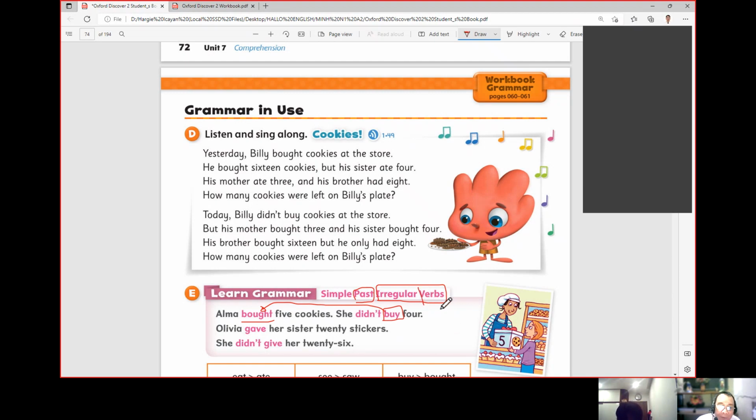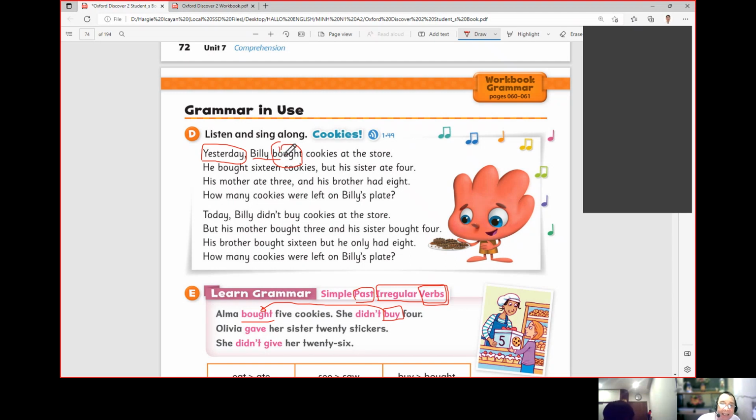Again, we're talking of verbs. So what are verbs again? These are action words. Okay? Look at this one, Min. In this song, it happens yesterday. What happened yesterday? Billy bought cookies at the store. So in this particular sentence taken from the song, the word bought is in the past tense.